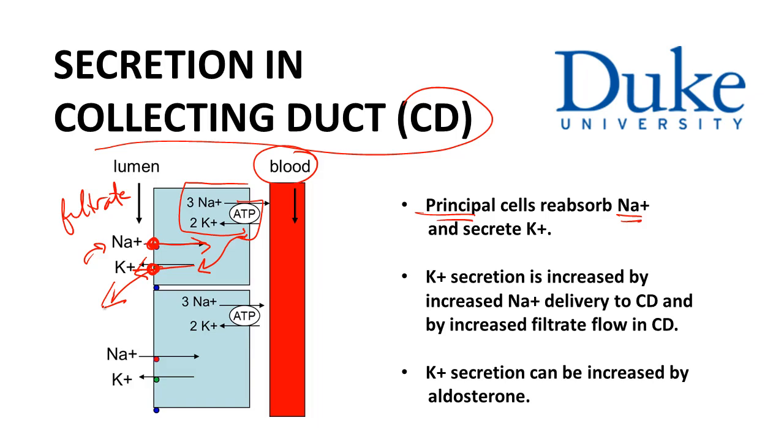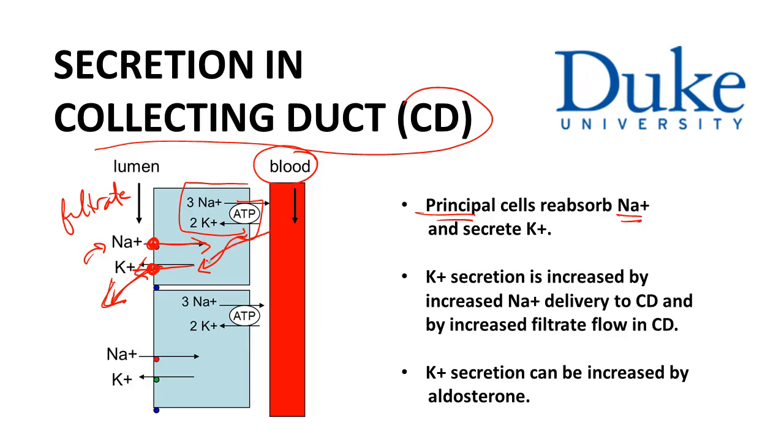Now, this particular region can also increase the removal of potassium by simply increasing the filtration flow through this area. As the sodium is being delivered, the sodium delivery is not as important as the potassium. We wash away the potassium, and now the gradient for potassium to exit the cells is increased, and potassium will leave the cells at a faster rate.